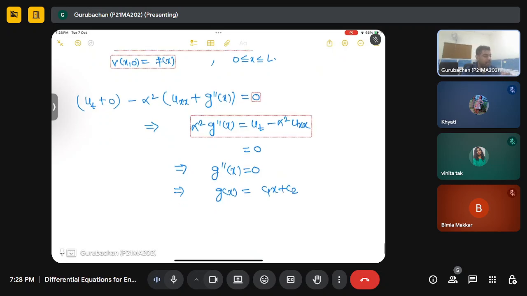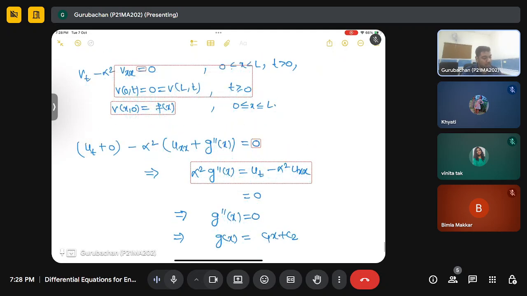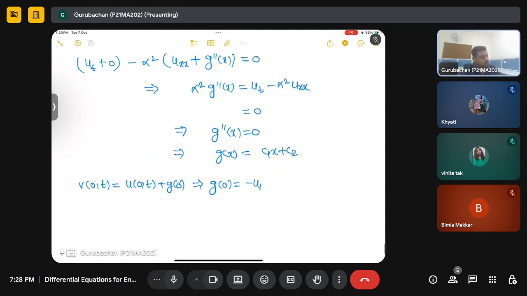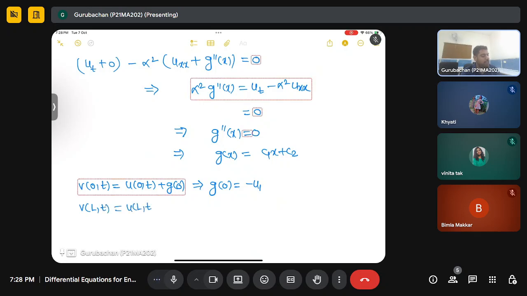Now we are targeting that v(0,t) is 0. To make v(0,t) 0, if you put the value, v(0,t) is equal to u(0,t) plus g of 0, so this will imply g of 0 is minus u1, and v(l,t) is u(l,t).